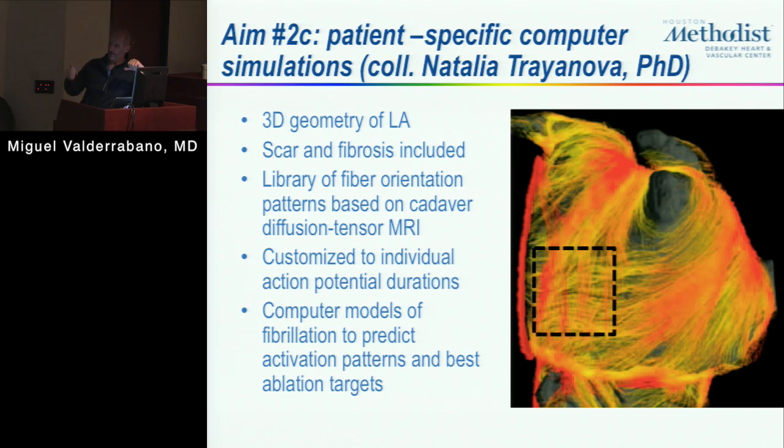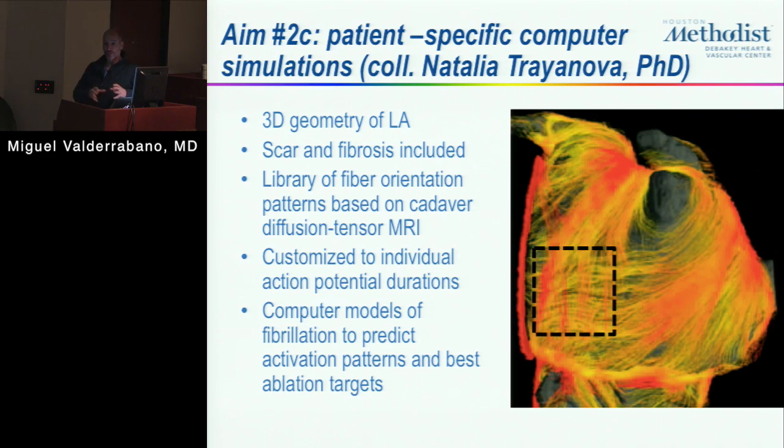We then give her the response to adenosine in the vein of Marshall. What I want is for her to do computer simulations and then come back and say, okay, this patient, when we induce AFib, the rotor tends to happen in this location because of the fibers you gave me, the action potential alteration you gave me, and the structure you gave me. This is where the AFib is coming from.